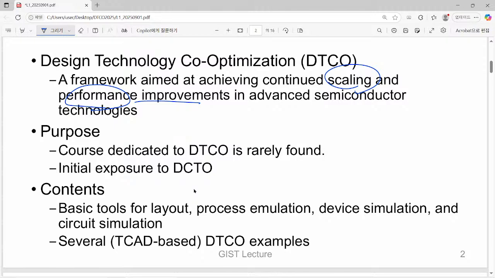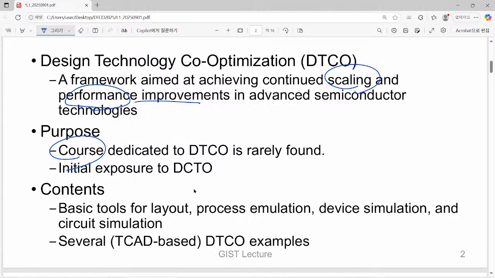Even the contents discussed in this lecture are not fully aligned to the state of the art, the reality of DTCO. There are tons of words about DTCO. Actually, DTCO is a buzzword these days, but the reality is not very clear. So that's the reason why it is very difficult to find a course for DTCO.